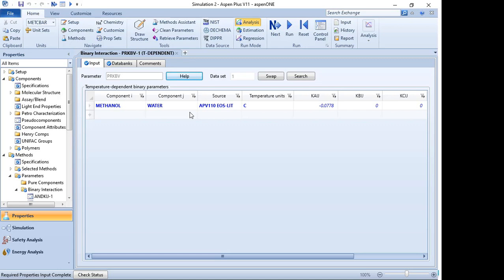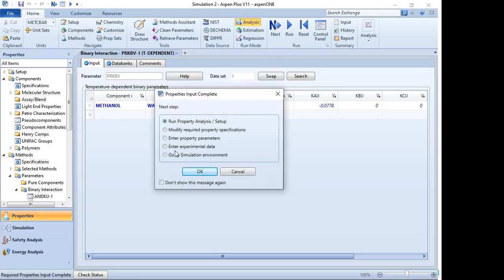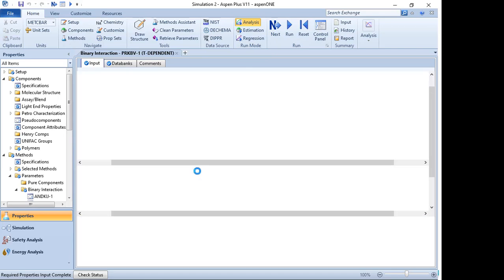So the calculation of the parameter can be used to calculate the equilibrium constant here. Okay, click next, and we go to the simulation environment.